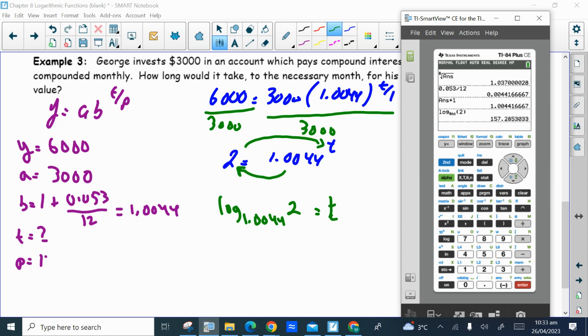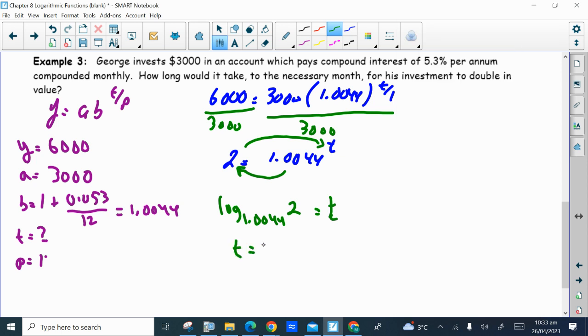Now, if you round this, normally you would round it down, but the problem with that is if you round it down, the amount will not be $6,000. It'll be less than 6,000. So this number has to be rounded up, which means you'll have more than 6,000, but at least you'll have double what you started with. So T would be 158 months.